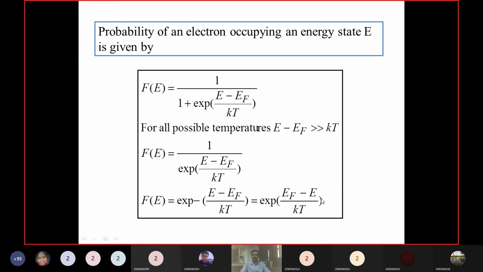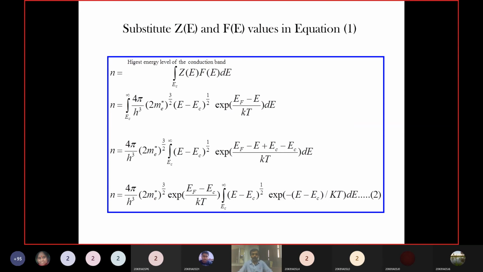This is the probability of finding the particle. Now coming to n, the total number of electrons, we have to integrate the dn value. dn equals Z of E, f of E into dE.